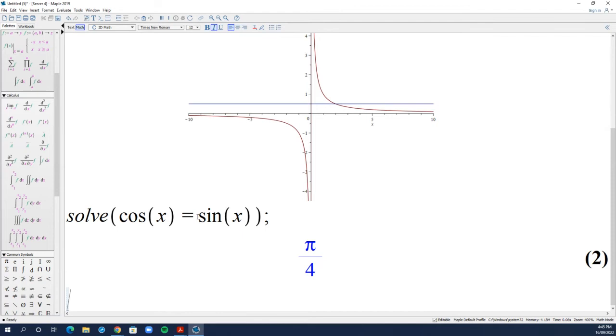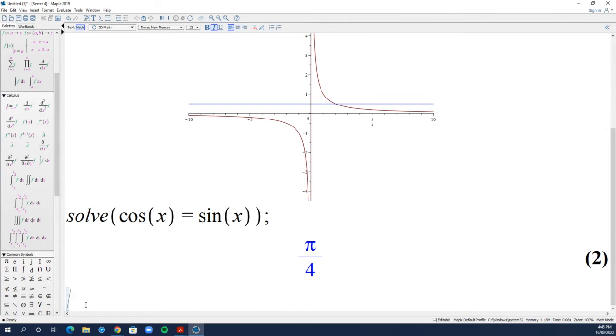It has no working, absolutely. That's for sure, Samuel, yes. But is that the only solution? Is pi on 4 the only solution? Exactly, Samuel. Maple gives you one solution, but there are many others.